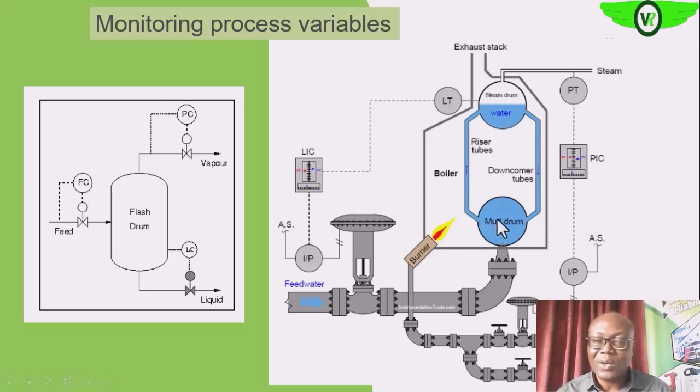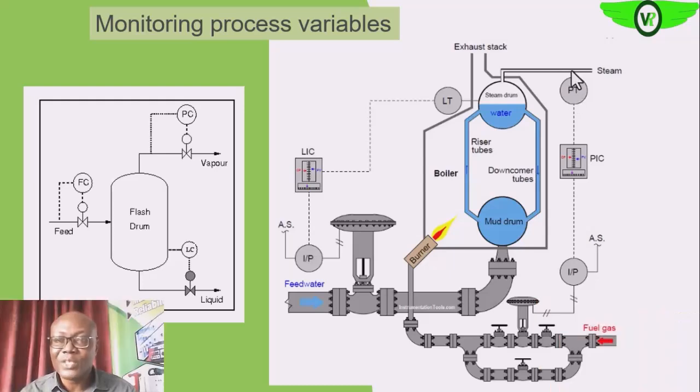Then we also have, if the energy that is contained, the steam pressure, is not high enough, we need to increase the steam pressure. You see that there is a pressure sensor here, pressure transmitter, pressure controller, that sends signal to the fuel valve, as you can see, it's on the fuel line.